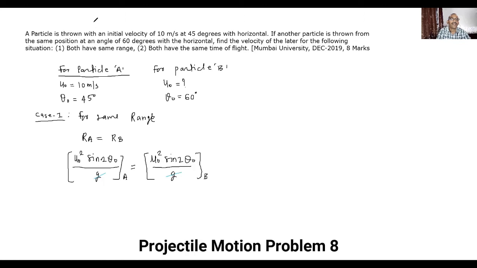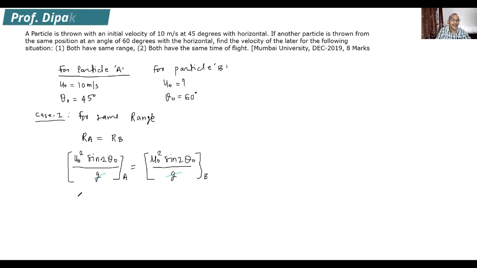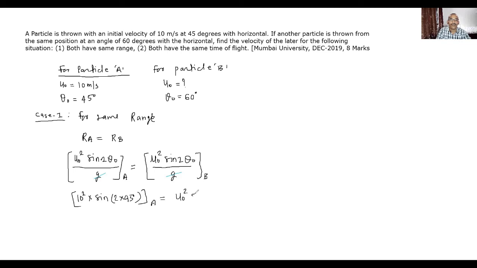If you cancel g and substitute the other values, for the first particle A, u0 is 10, so this is 10 square into sine of 2 theta 0, meaning 2 into 45, so sine of 90. This is for A, and for B, u0 is unknown and sine of 2 into 60 degrees. The unknown term is only u0.